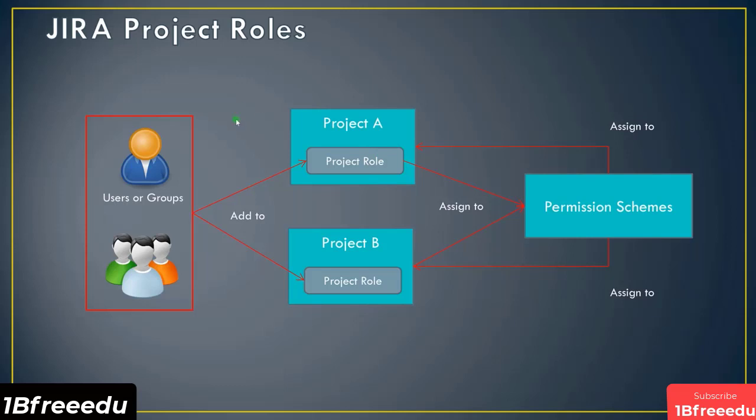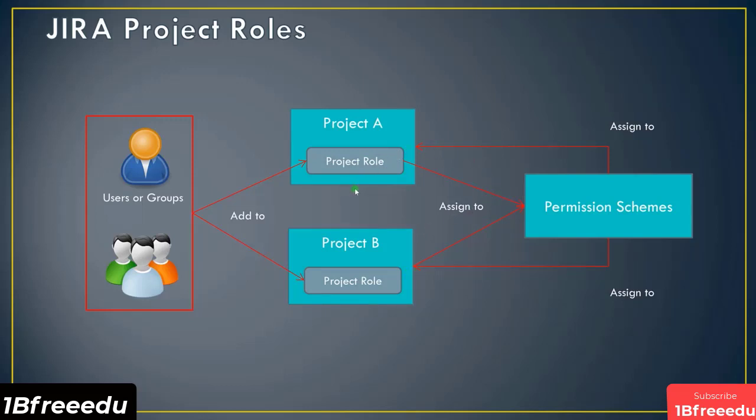So instead of adding users or groups straight into permission schemes, you first add them to the project role for each of these projects, and then the project role is added to the permission scheme, and then of course the permission scheme gets assigned back to the project. So this is how the flow would work.